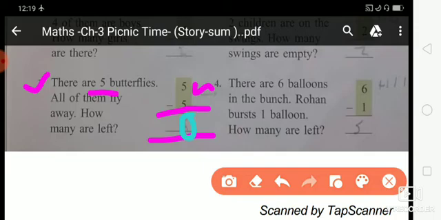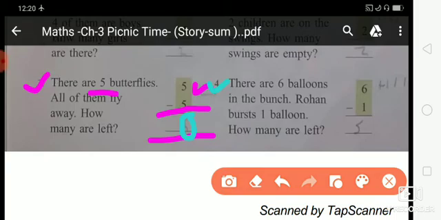So how many butterflies are left? 5 minus 5 is 0. No butterflies are left. The answer is 0. Okay, now the next one, the fourth.